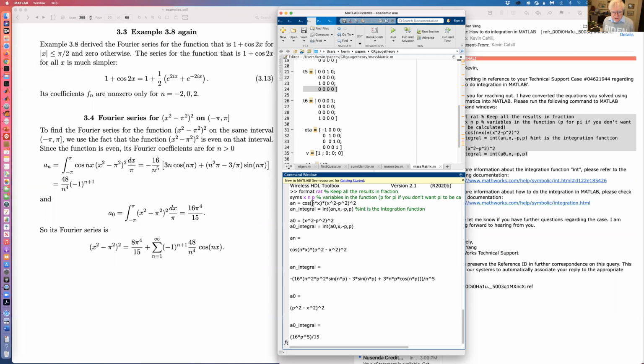She sets an equal to cosine of nx, times x squared minus p squared, squared, and an integral is the integral of an from minus p to p. So that's very much like the Mathematica expression.